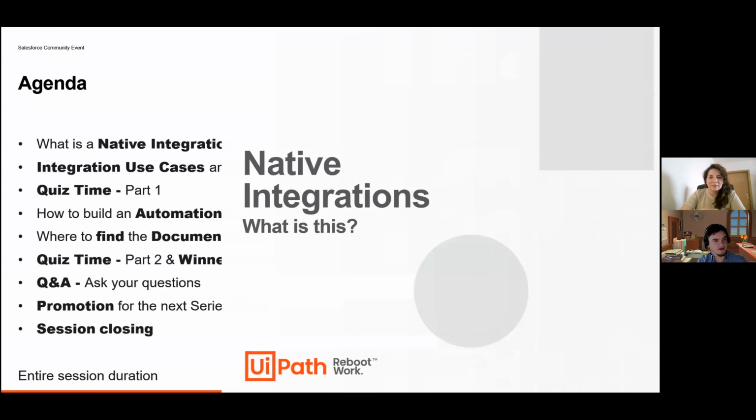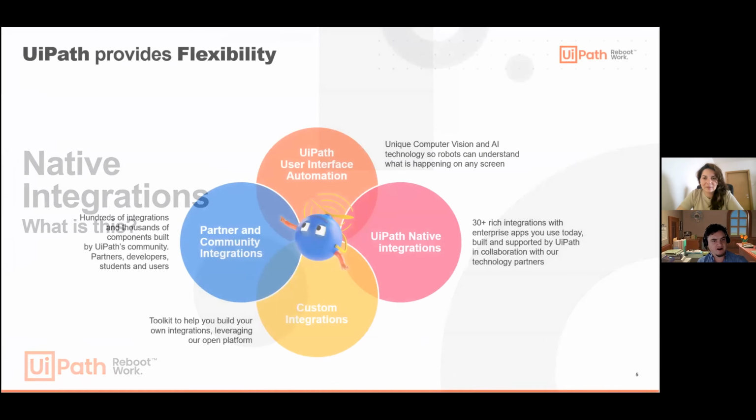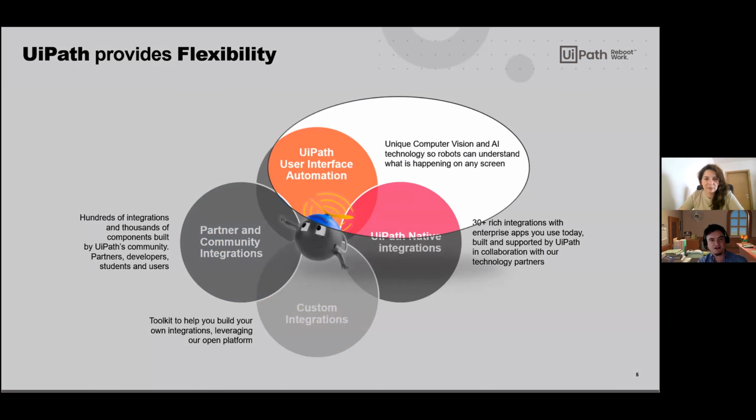So topic number one, what is a native integration? As you probably are aware, UiPath has a pretty broad spectrum in automating, and we've just split this here into 4 major pillars. And as you probably know, in RPA, there's a lot going on in automating user interfaces, meaning more or less emulating real business users and people and helping them with automating their daily and repetitive tasks.